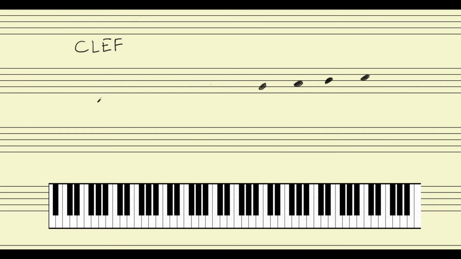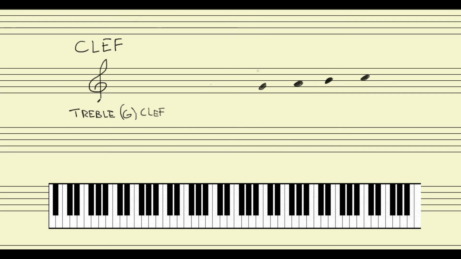So I'm going to draw a clef, this musical symbol that is going to tell us what all those lines and spaces mean. And you may have seen this musical symbol before. This is a treble clef, or sometimes known as a G clef.